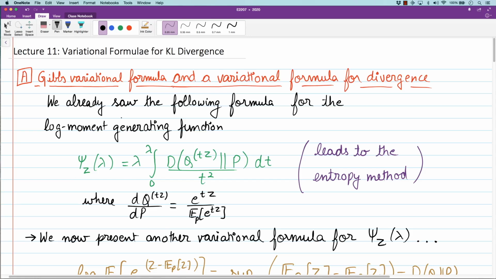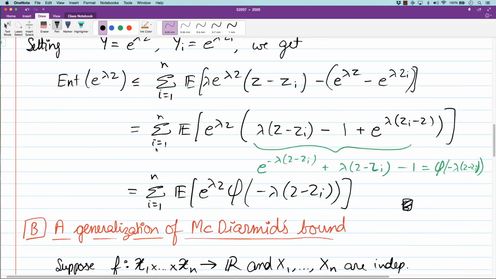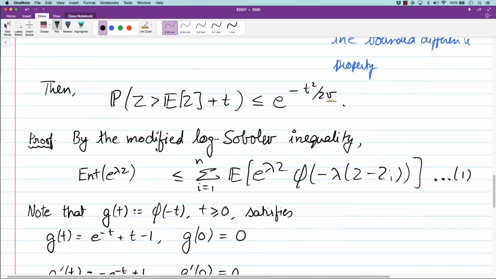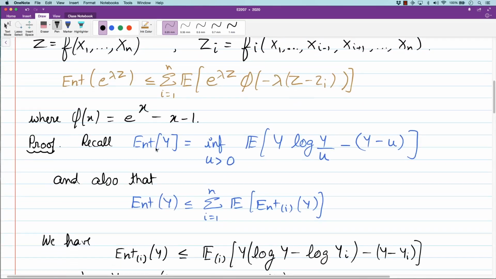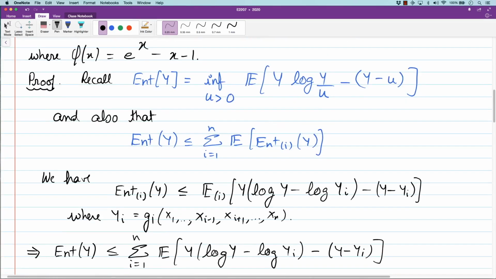More importantly, bounding this quantity can be handled nicely, because it tensorizes. This quantity gets related to entropy, and entropy tensorizes, so whenever we want to prove a bound for entropy, we can prove bounds on the individual components separately.